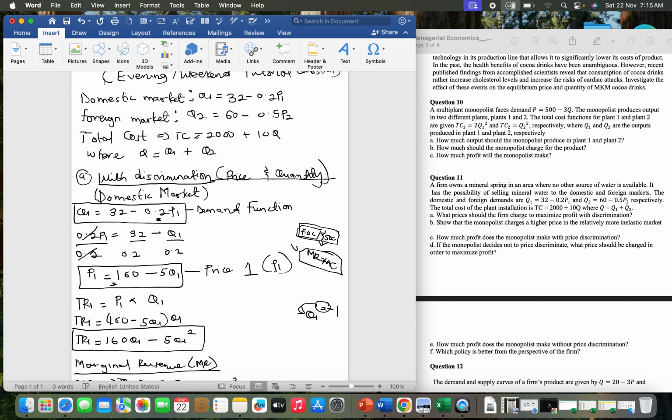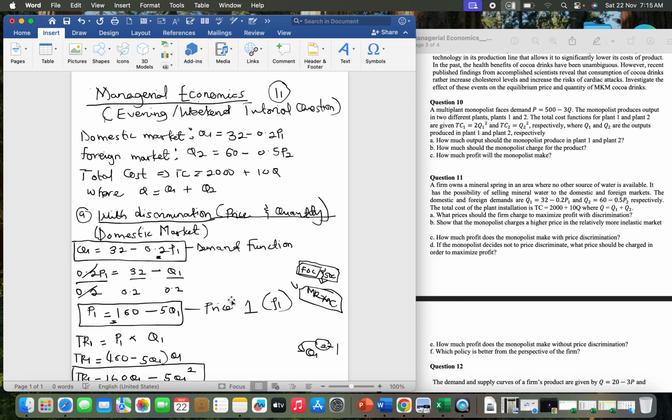I'm trying to add another page so that we can continue.